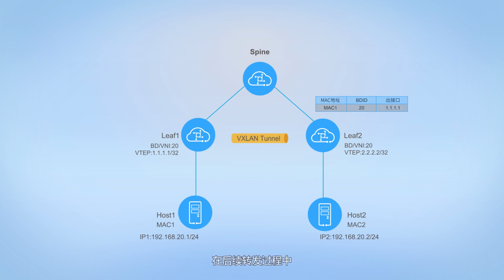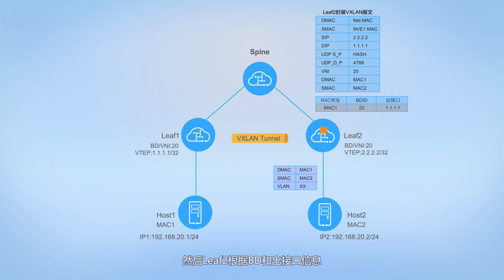In the subsequent forwarding process, when leaf 2 receives a packet destined for the MAC address of host 1, leaf 2 searches for the outbound interface in the BD to which host 2 belongs. Because leaf 2 has learned the MAC address of host 1, it confirms that the VTEP IP address of leaf 1 is the outbound interface.